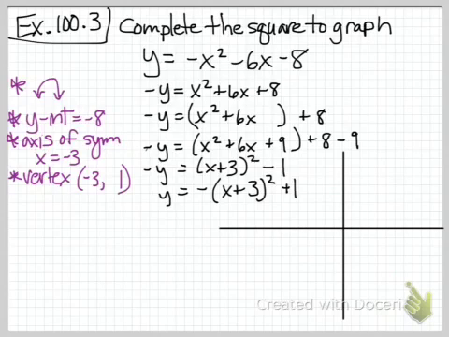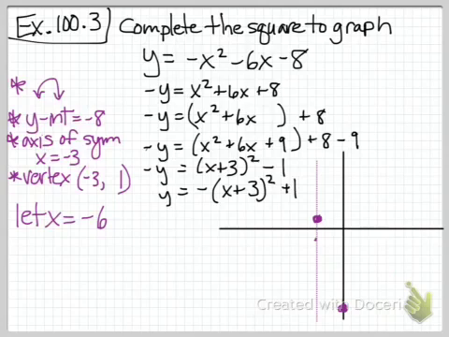When we go to graph, we can graph our y-intercept at negative 8, the axis of symmetry at x equals negative 3, and the vertex at (-3, 1). You can pick any point that you want to figure out what your third point is going to be. It doesn't have to be symmetrical. But in this case, we'll let x equal negative 6 just to make it symmetrical.